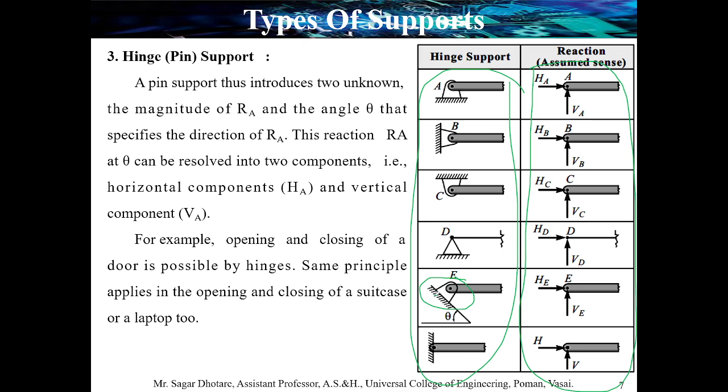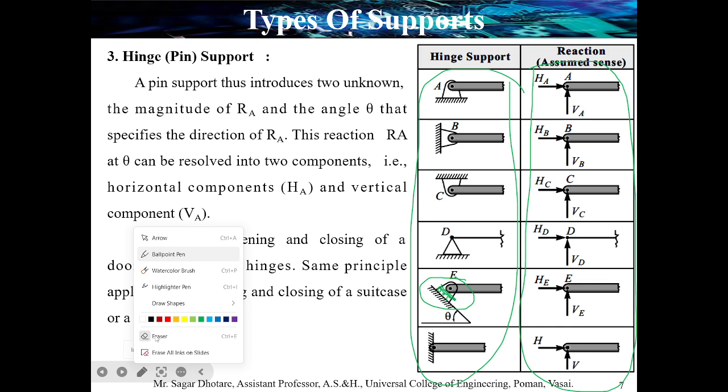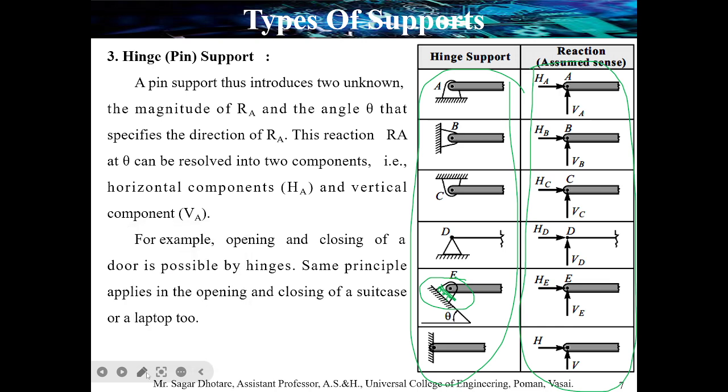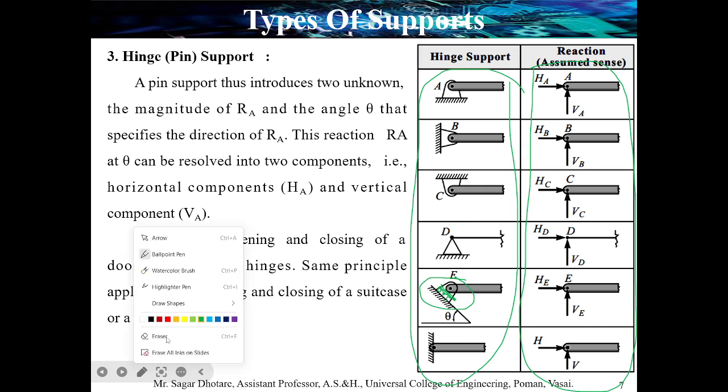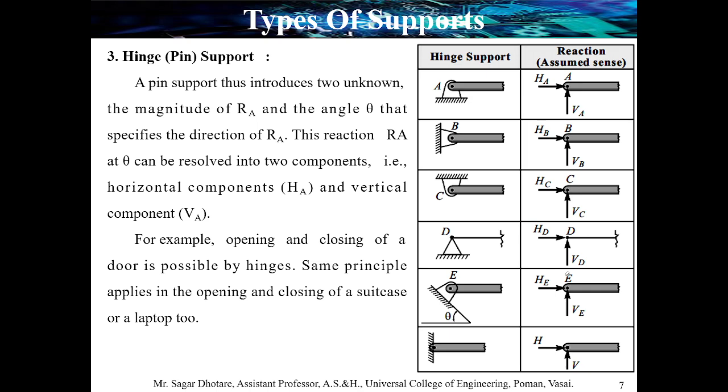For a roller support, rollers are added at the bottom, in this bottom area, so it looks like this. Otherwise, if rollers are not added, it means this is nothing but a hinge support. So you must understand the hinge support, because normally in examples the hinge support is regularly used.